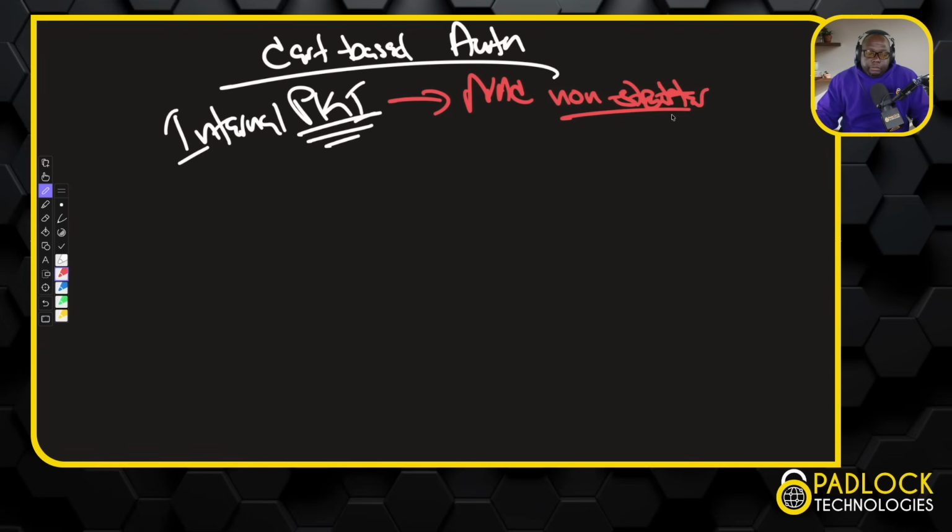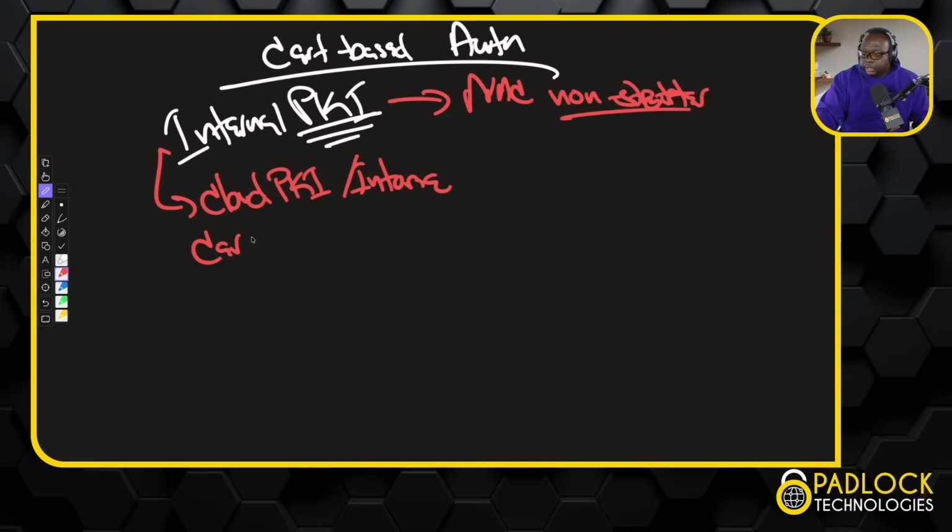And from a help desk standpoint and from an IT department standpoint, they really don't want to deal with that drama. So what you need to do is start getting yourself prepped for the new way you're going to have to do network access control, which is cert-based authentication. Like I said, I have a video on here about cloud PKI with Intune. You can use Intune with the cert connector.